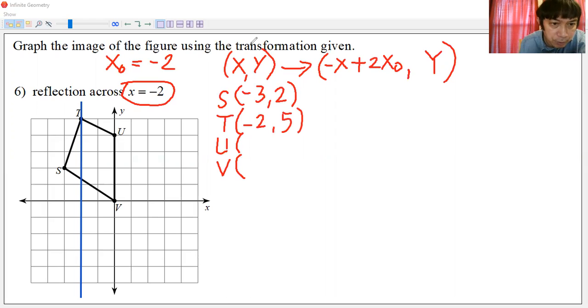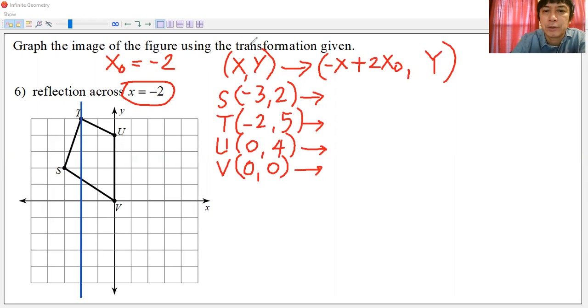Our point U is 0, 4. Our point V is exactly at the origin, so this is at 0, 0. All right, let's project to the points for the image. So this is S prime, T prime, U prime, and V prime.